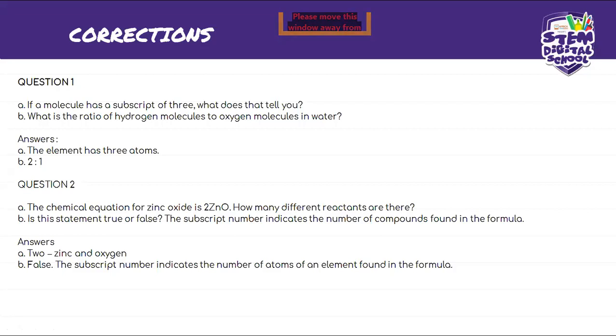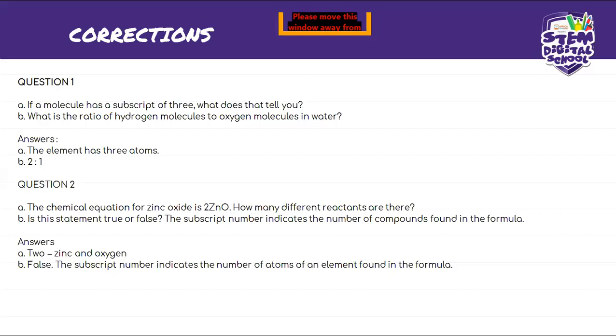Then we looked at the subscript. The subscript tells us the number of atoms that an element contains. If we look at the oxygen molecule, we have O2, meaning two atoms. We also have the mole ratio, which is also known as the coefficient.